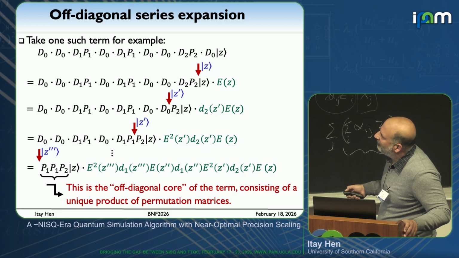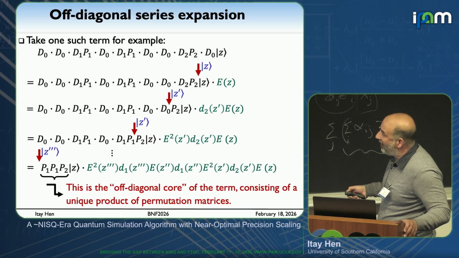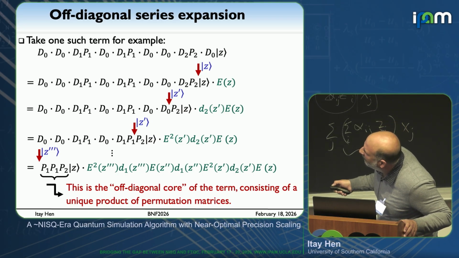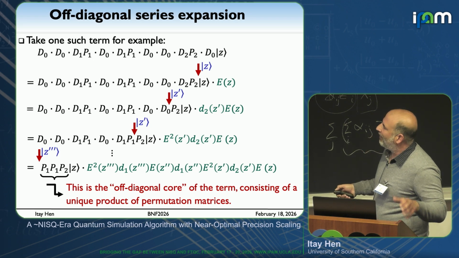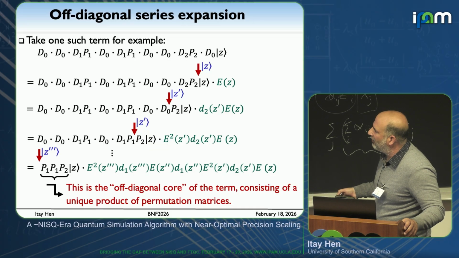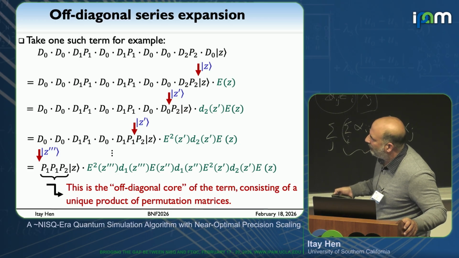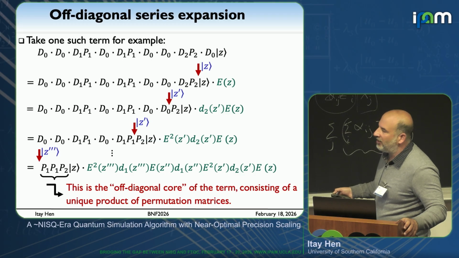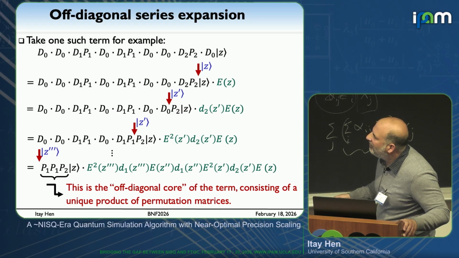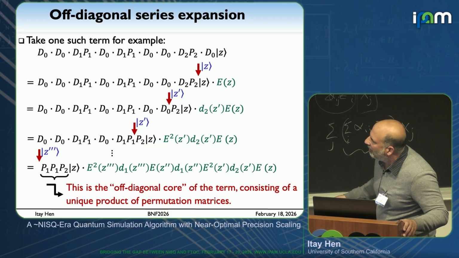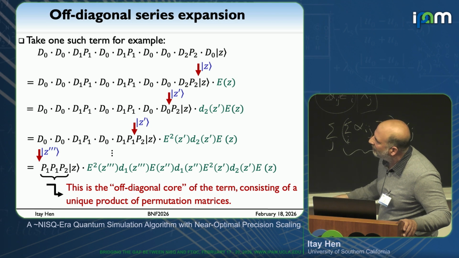Then comes another d0 that acts on z prime, giving us another diagonal matrix element. Here we have two d0s, so it gives us a matrix element which I call E squared. And then comes this P1. P1 is a permutation. When it acts on z prime, it permutes it to some z double prime, and so on. So what happens is that the P's stay put. They just permute the z's.